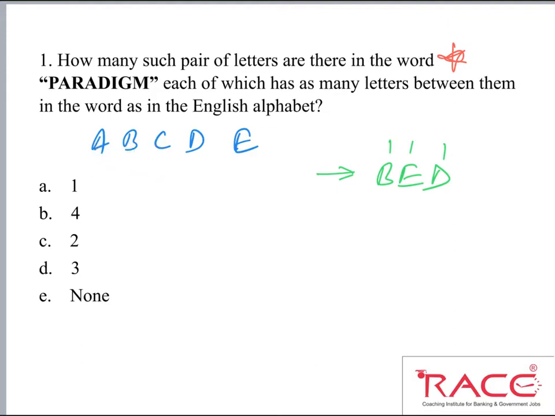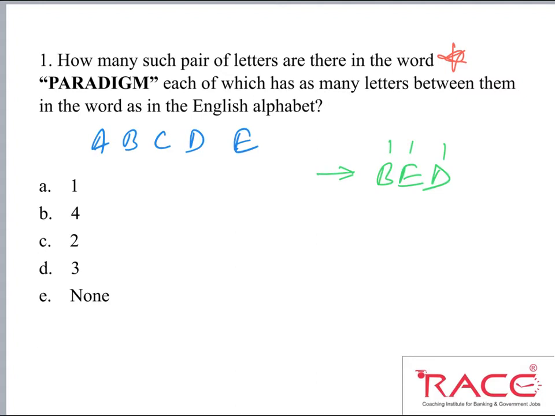Letters between A and C? 1. What is the letter? B. Letters between A and D? 2. What are the letters? B and C. Similarly, how many letters are between B and D? 1. B and E? 2. C and D? None. C and E? 1.